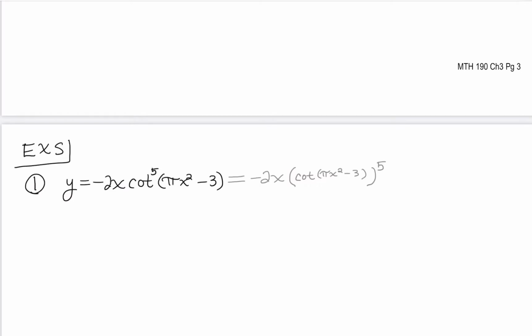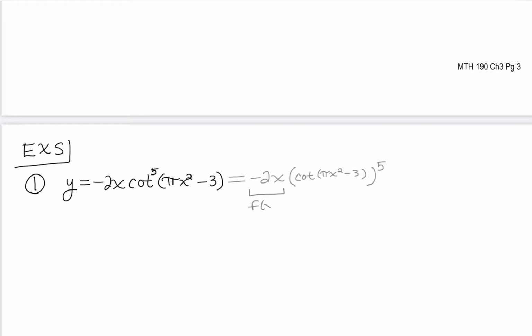So it's that entire cotangent of pi x squared minus 3 being raised to the fifth. Now, if we look at this structure, I see outer powers in trig functions with inside functions and a negative 2x, but we have to look for what is the outermost structure that we have here. And our outermost structure is going to be a function of x, this negative 2x.